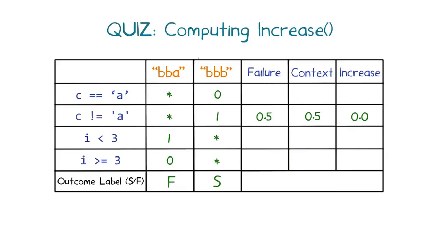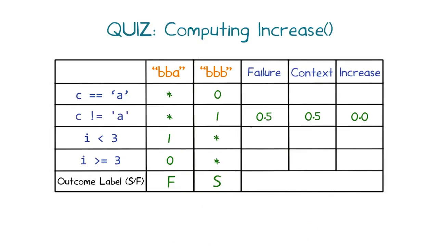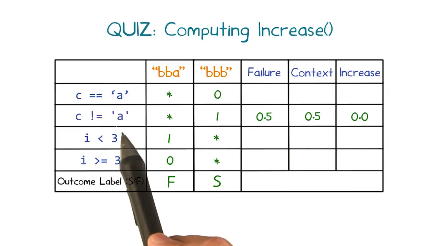Now let's look at the predicates from our previous example program. Previously, you recorded the state vectors for these 4 predicates over 2 different runs of the program. As an example, we have filled in the row for the predicate c not equals a. There's one failing run and one successful run in which this predicate was true.